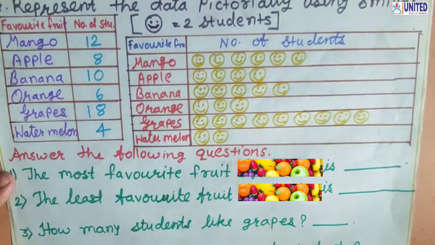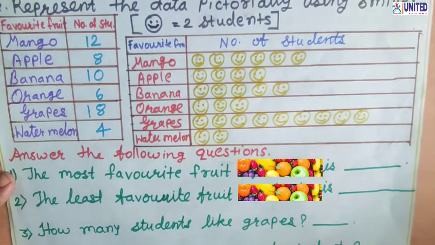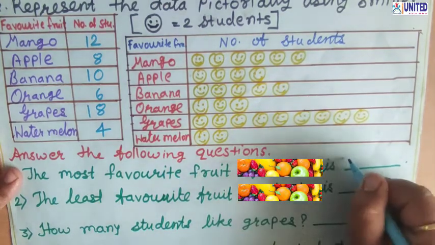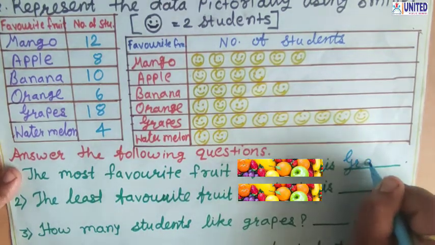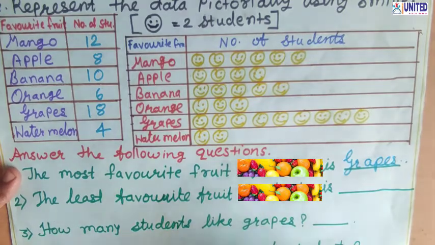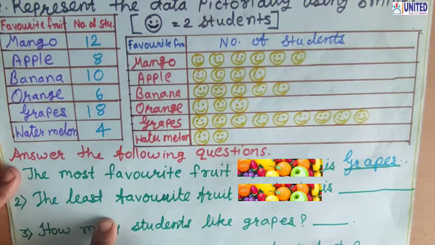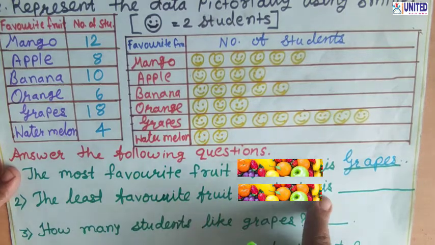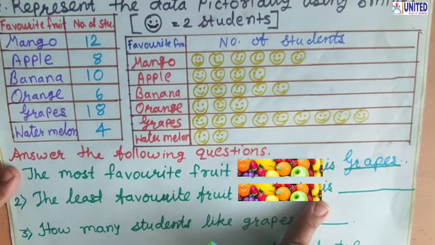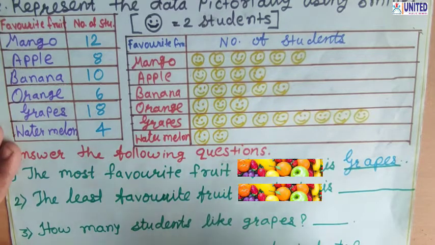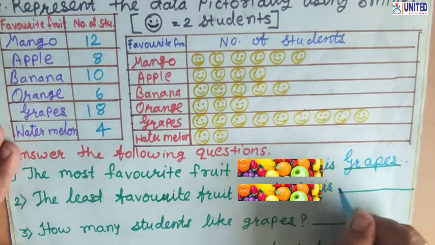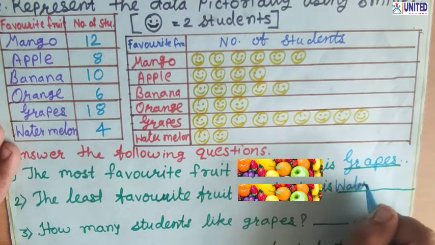So we write down the answer: grapes. Now the next is the least favorite fruit of students. Least means the lowest. Which is the least favorite fruit? Yes, watermelon. So we write down here watermelon.